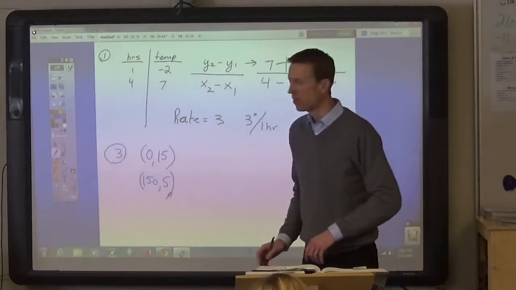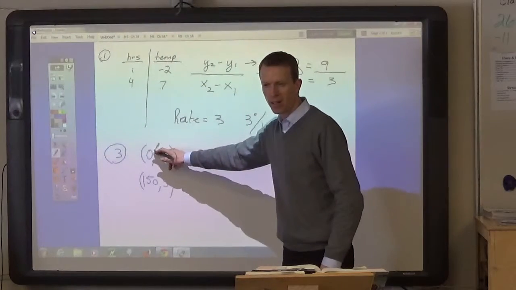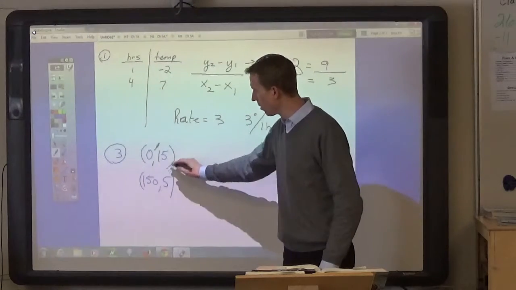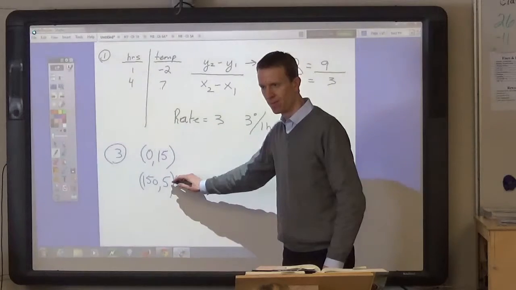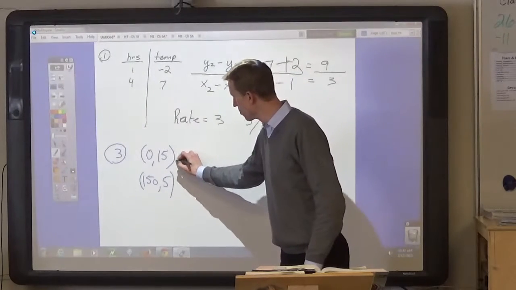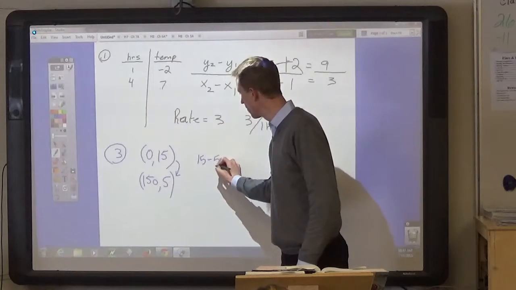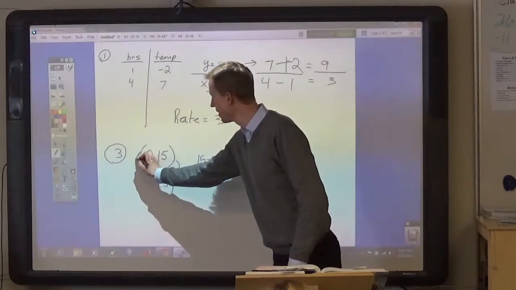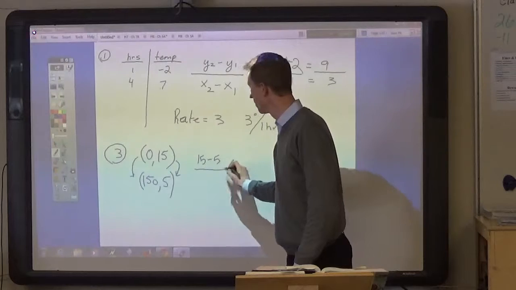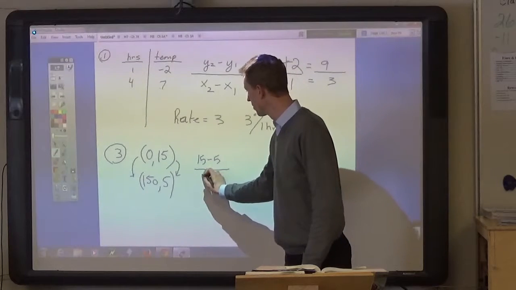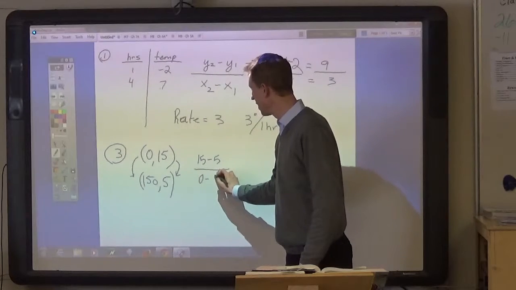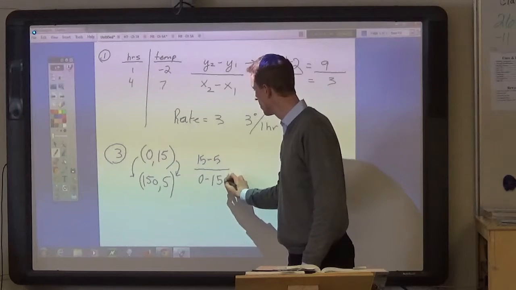So now we can subtract the y coordinates. If you subtract going that way, 15 minus 5, then subtract the x coordinates, 0 minus 150.